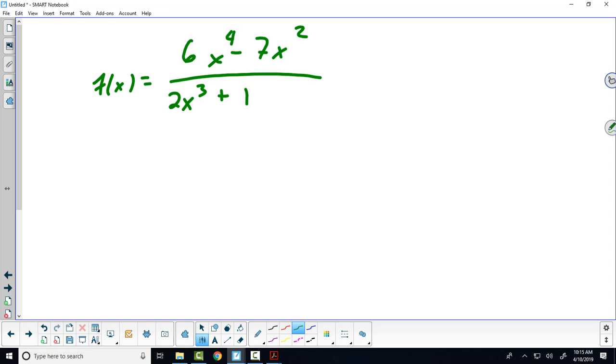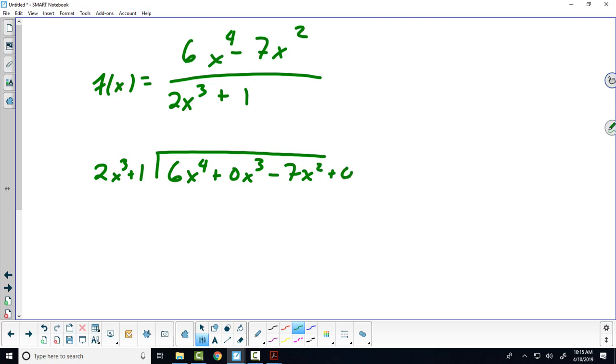If I do the long division on this, we'll take 2x cubed plus 1 and long divide it into 6x to the 4th plus 0x cubed minus 7x squared plus 0x plus 0. Here I say, what do I need to multiply this first term by to make it look like 6x to the 4th? And the answer is 3x. So we get 6x to the 4th plus 3x.